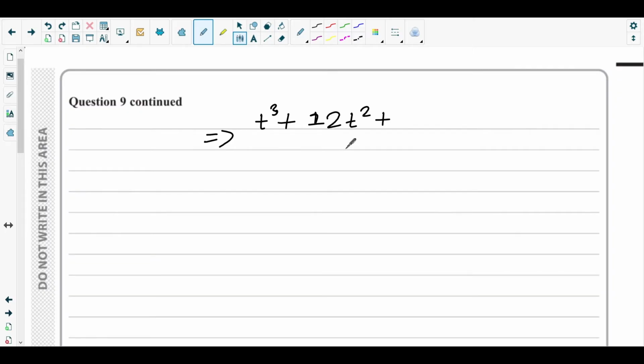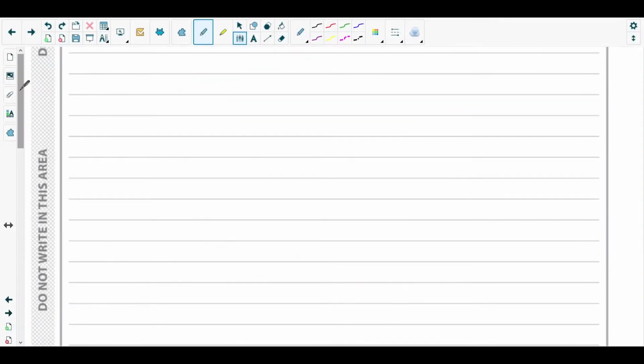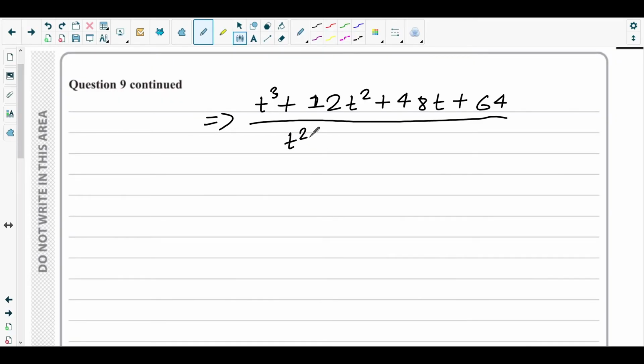So 3t times 4 squared, so 3 times 16, which is 48t, plus b cubed, which is 4 cubed, basically 64, over t minus 2 whole squared, which expands to t squared minus 4t plus 4. This equals 2 to the power 7, which is 128. Now do cross multiplication.